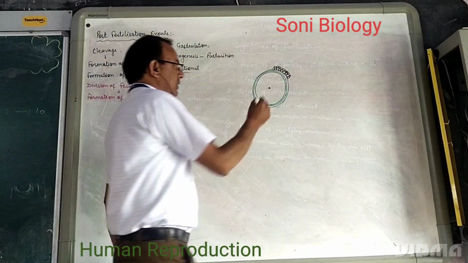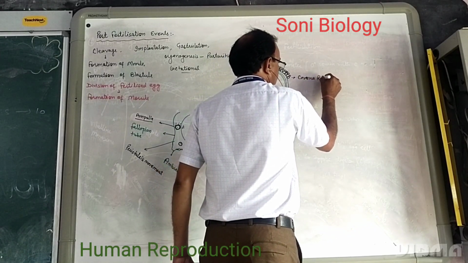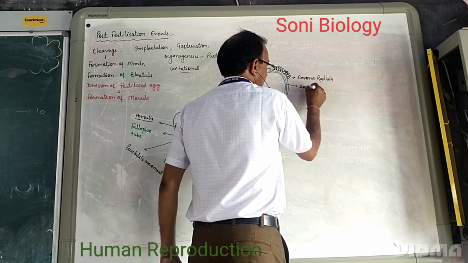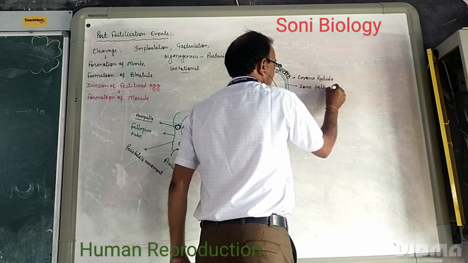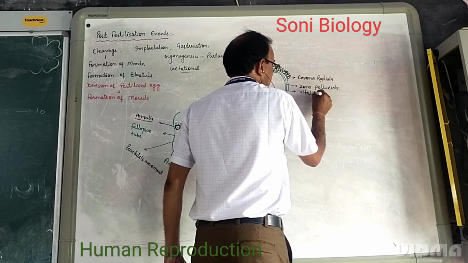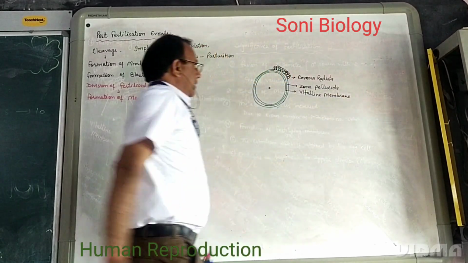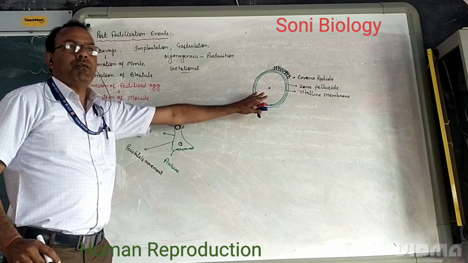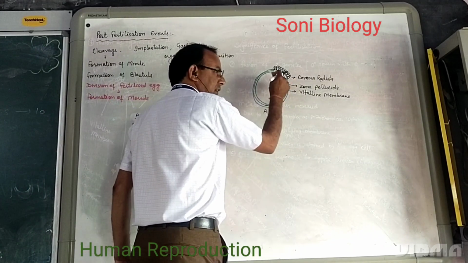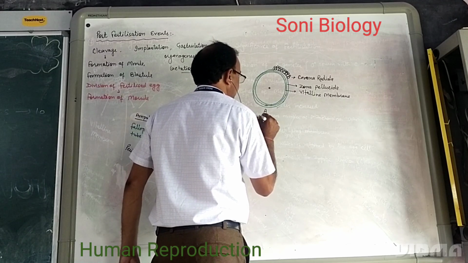This is the corona radiata, the outer membrane, this one is zona pellucida, and the inner membrane is the vitelline membrane. This is the first structure of the fertilized egg, A.